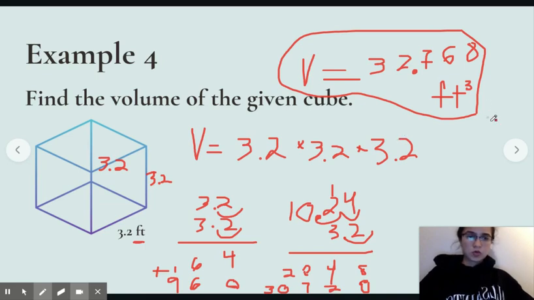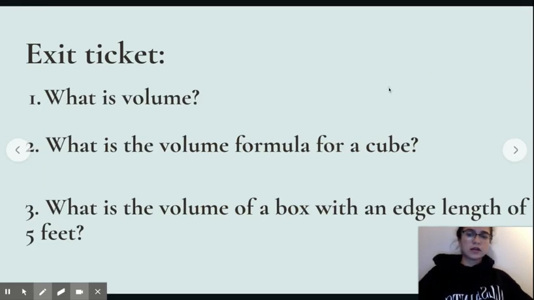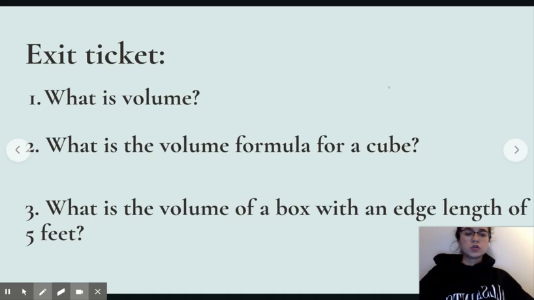Okay, cool. Next one is your exit ticket. So hopefully this lesson wasn't too bad. So all you have to do now is in your notebook answer these 3 questions. What is volume? What is the volume formula for a cube? And then find the volume of a box with an edge length of 5 feet.